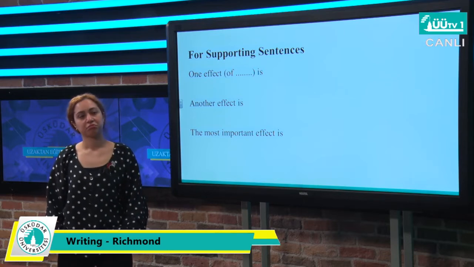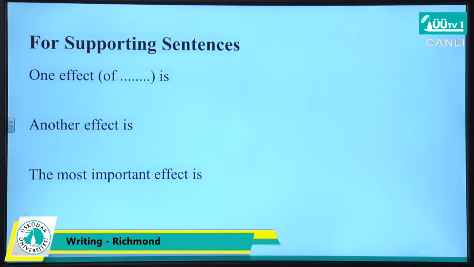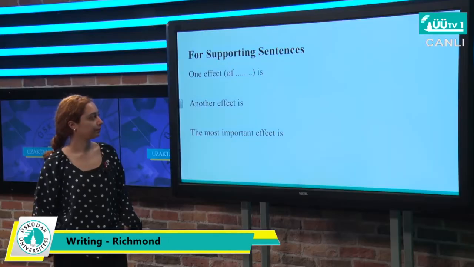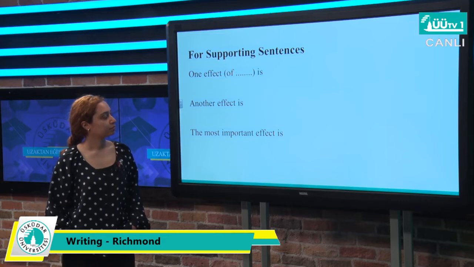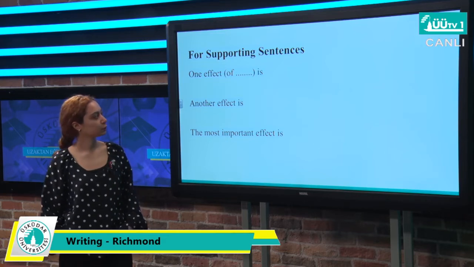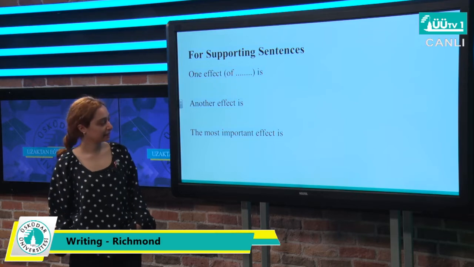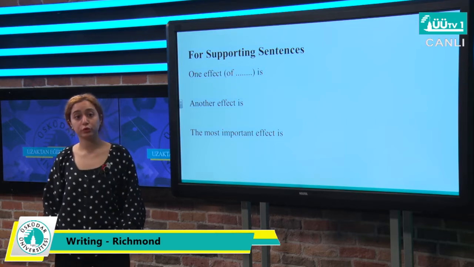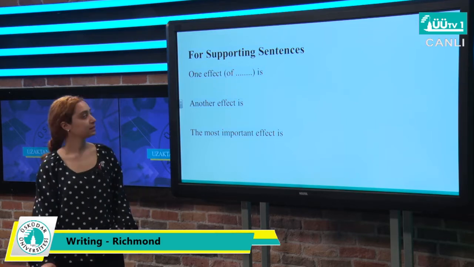Let's say we will have 3 supporting sentences. We can start saying one effect is, let's say, physical effect. And we can continue with our second supporting sentence. We can say another effect is, or the most important effect is.